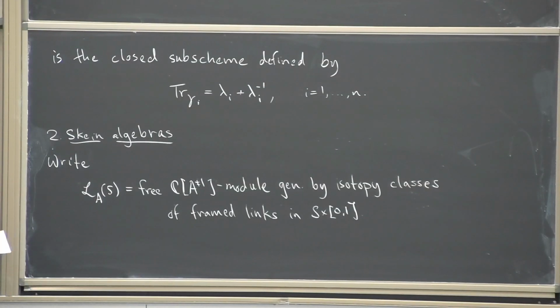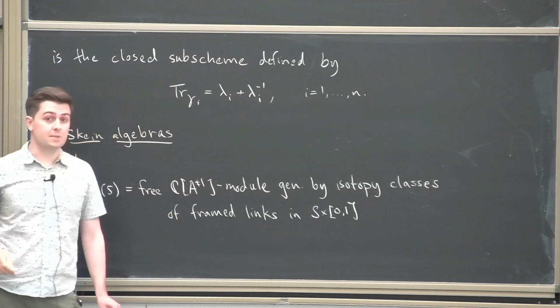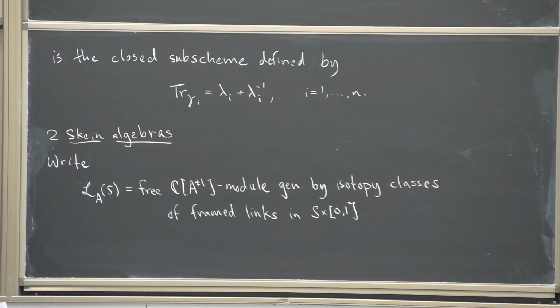So this is the module that they generate. Yes, because these lambdas will actually have some significance later when I relate the skein algebra to something else. Thank you for the question.